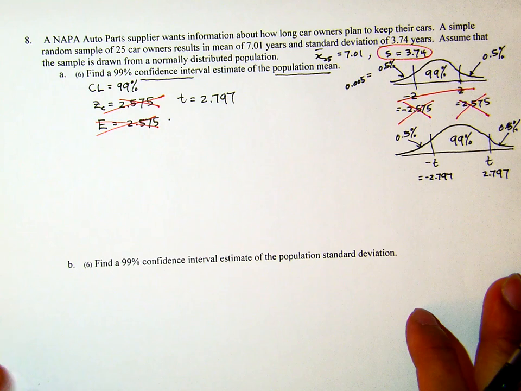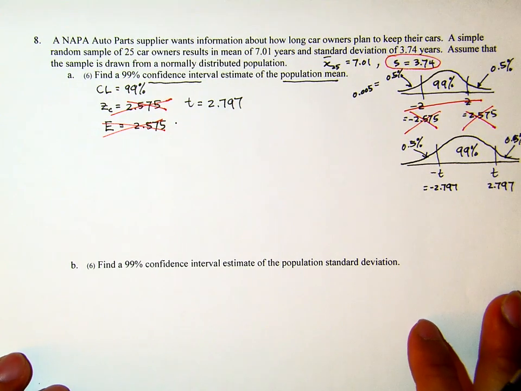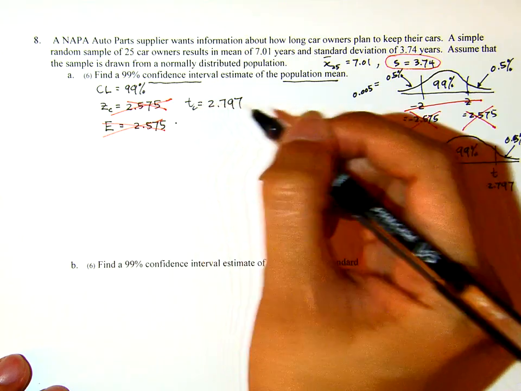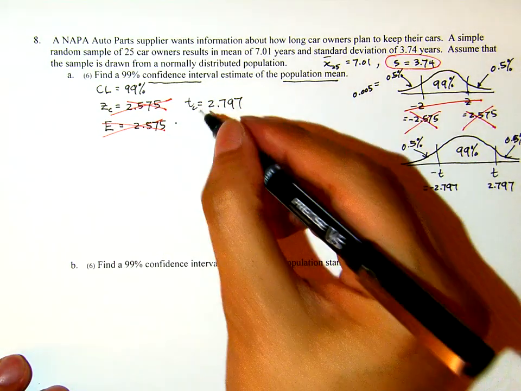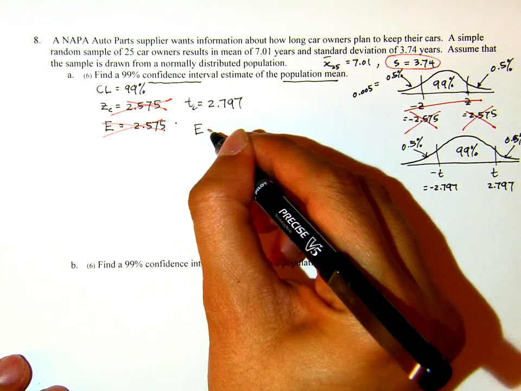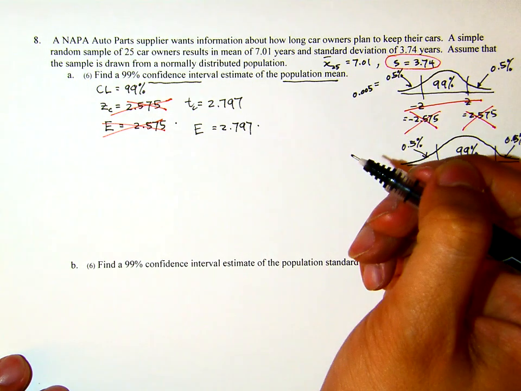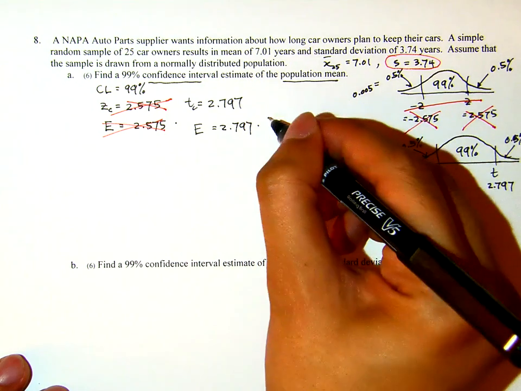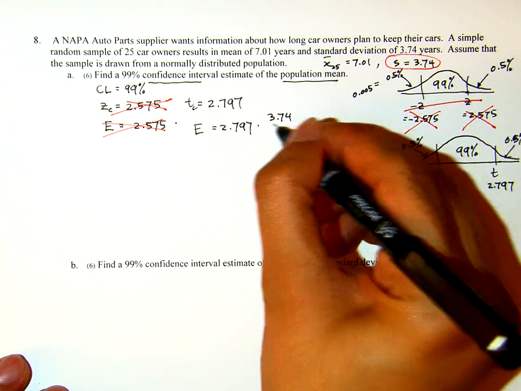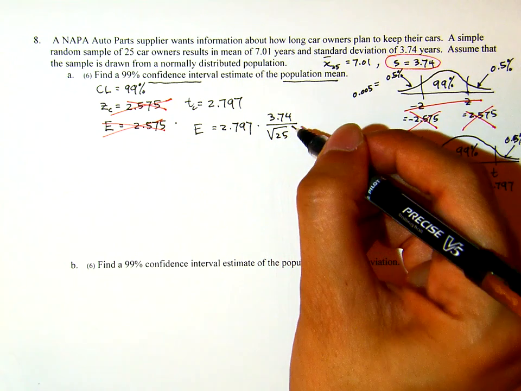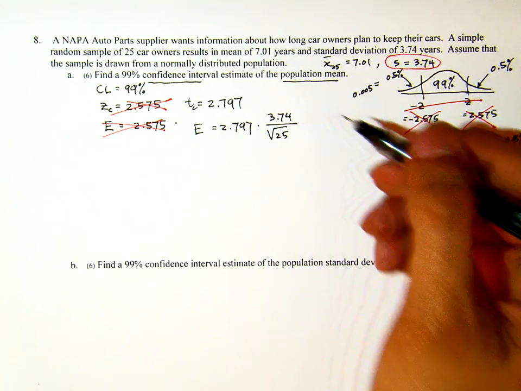Therefore, when you compute the critical value, you need to know that you're using t, not using z. The margin of error equals 2.797 times the sample standard deviation 3.74 over the square root of 25. Now here I will compute that.